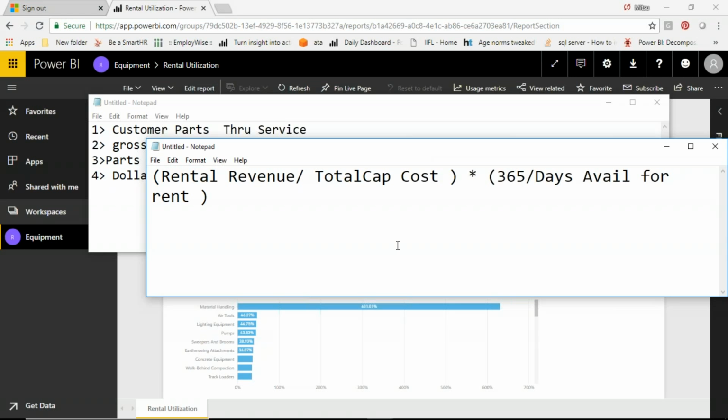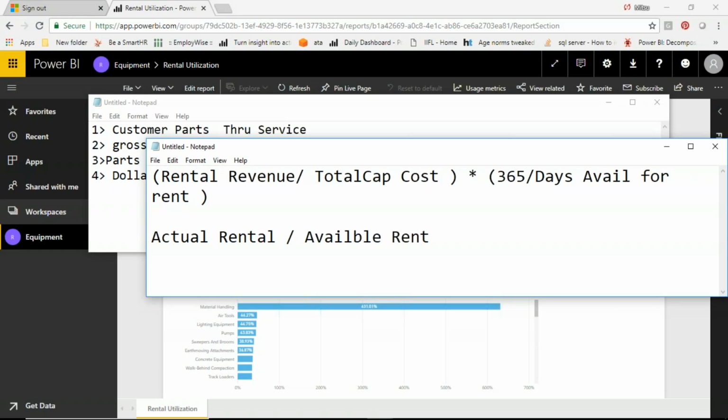Now, time is showing a little weird for you right now. I'll have to check what's happening. Time is simple. Again, we do this only for the machines in the rental fleet. Right. We don't do that for the sales fleet ones. And then it's the actual number of days the machine is out on rent divided by the number of days it was available for.